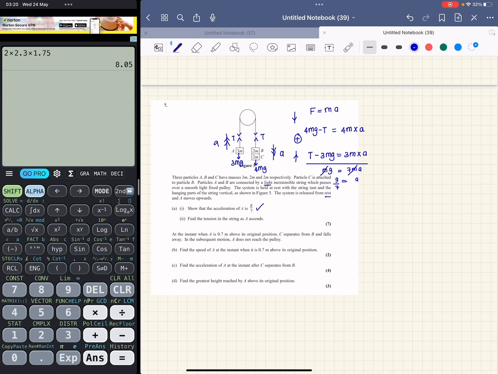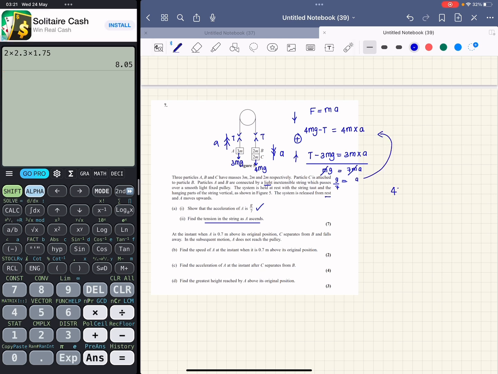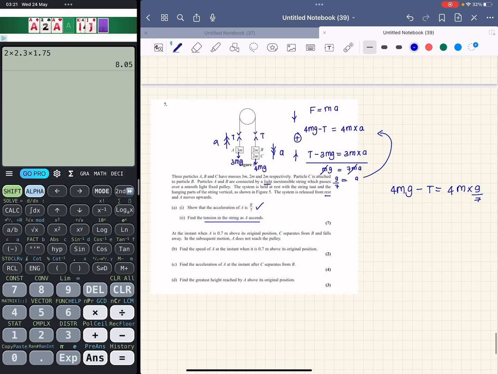Once we've done the acceleration, they're asking for the tension of the string in terms of m and g. Because I know acceleration is g over 7, I'm going to substitute that into one of the equations. In the first equation, 4mg minus T is equal to 4m times g over 7.